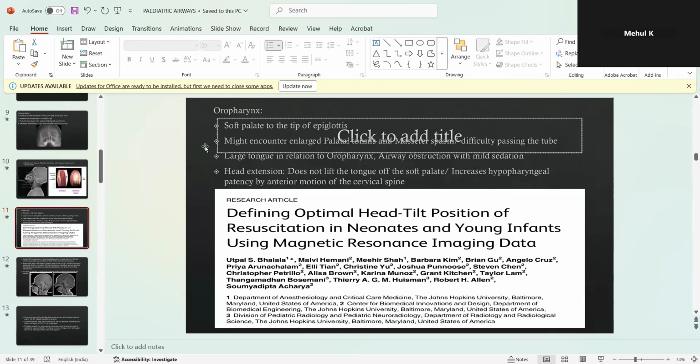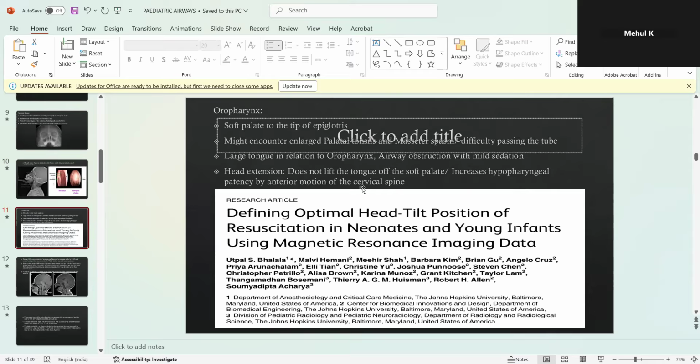Next comes the oropharynx. In the pediatric population, the oropharynx is an area of interest. It extends from the soft palate to the tip of the epiglottis. You might encounter enlarged palatal tonsils here and masseter spasm in response to an active tonsillitis, which can actually make it difficult passing the tube.